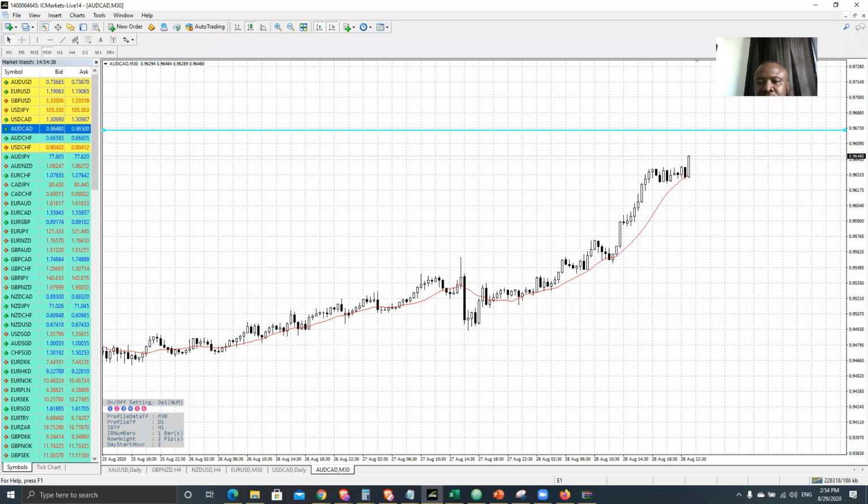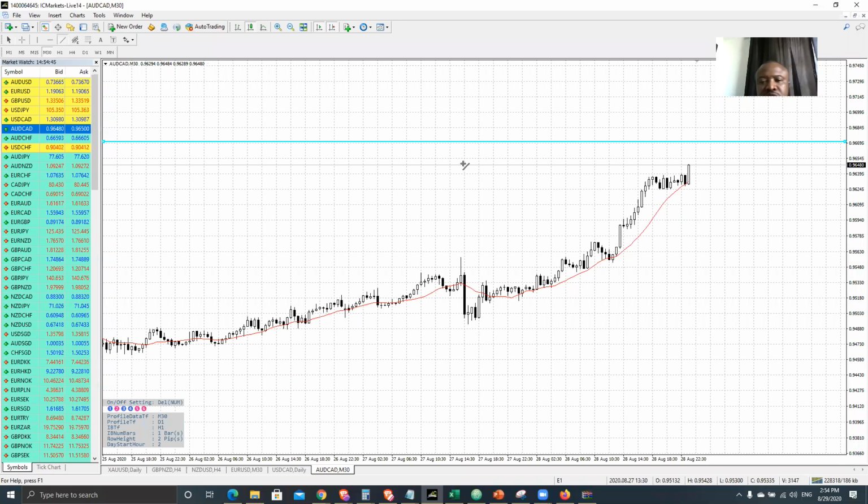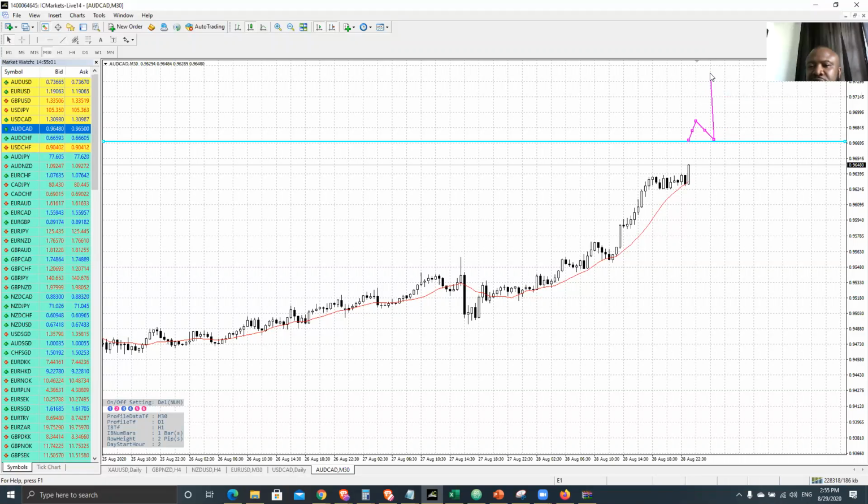So what you actually want to see is, you don't want to do anything, you just want price to get to this level, break it, find every reason to possibly retest it, and in that case you'll be much more confident to take the buy on Aussie Kiwi.